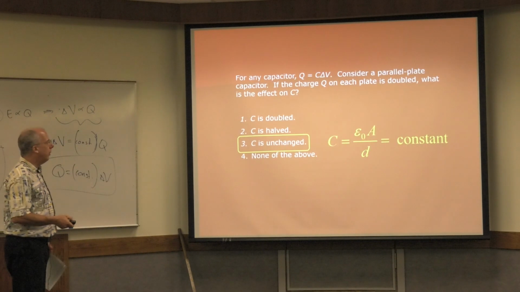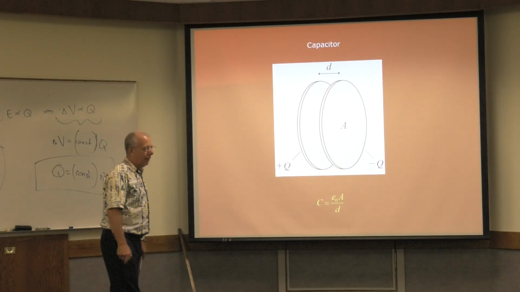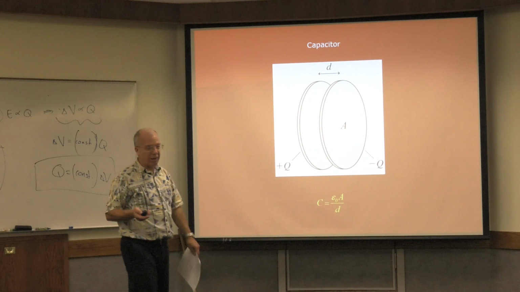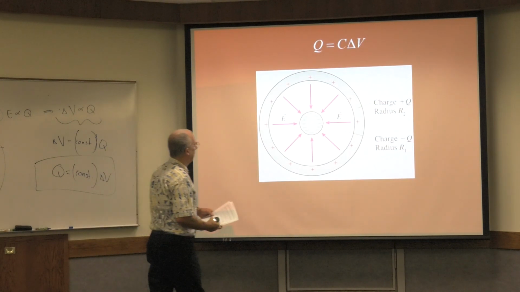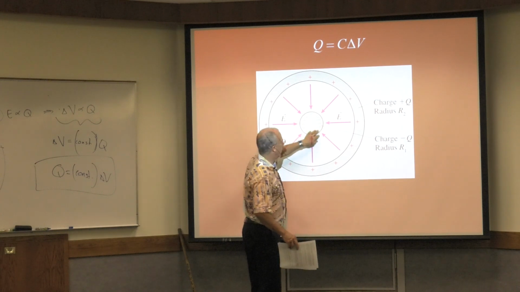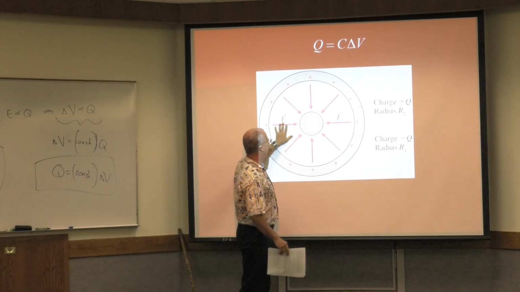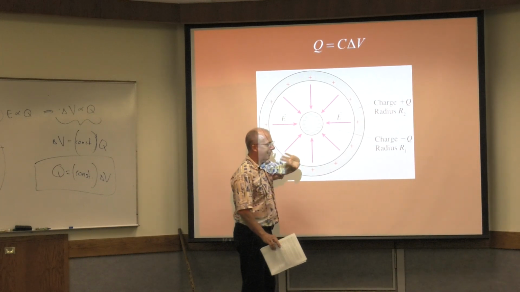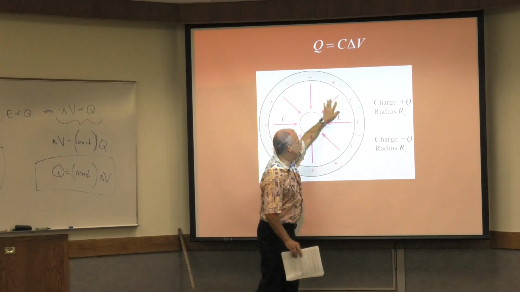We generally show parallel plate capacitors like that, but in the real world you don't see a whole lot like that. What you see are cylindrical capacitors. This is a cylinder, and this is another cylinder. This is air, or whatever, I'll get to that later. This is metal, this is metal, this is not metal.